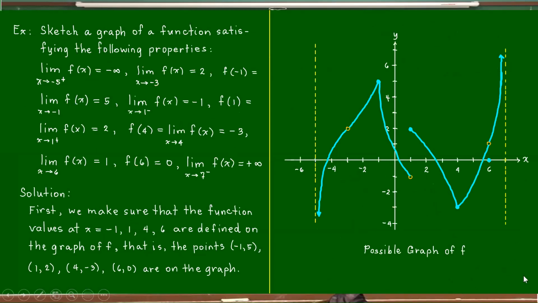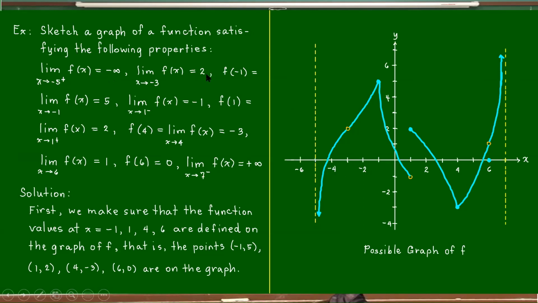Now we had this already. This was what we graphed given the following properties. Let's just check that these properties are really satisfied because we had this already last time. The limit of f of x as x approaches negative 5 from the right is negative infinity. Going to negative 5 from the right, okay, negative infinity.